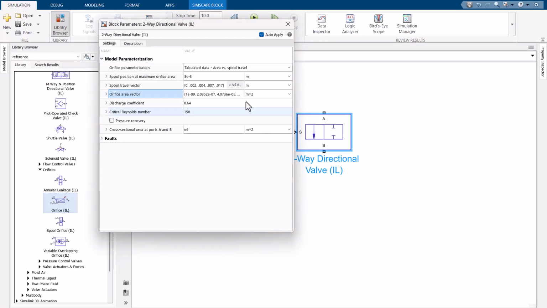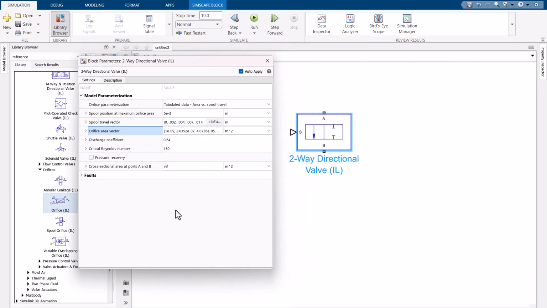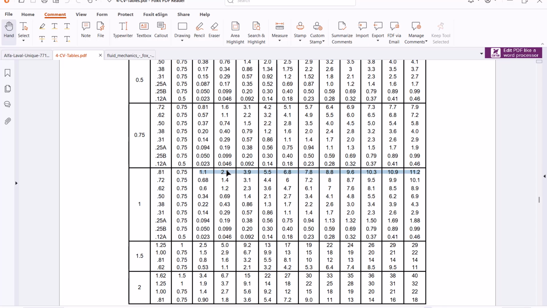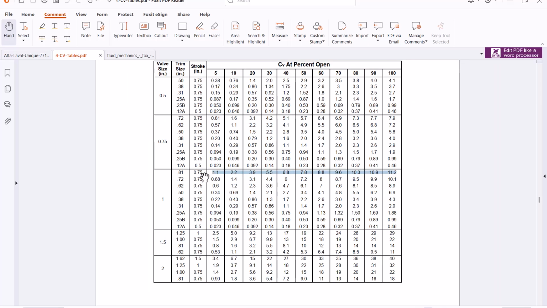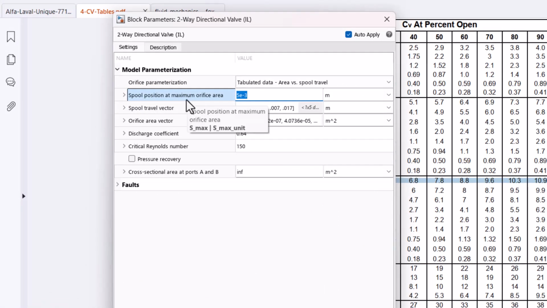Now I go back to MATLAB and start entering numbers. Here is the valve I wanted to model, and it said that the stroke is 0.75 inches. So I set the spool position at full open, the maximum open orifice area, to 0.75 inches.